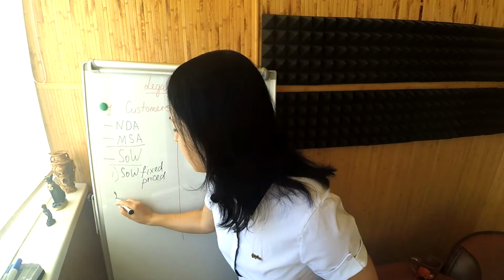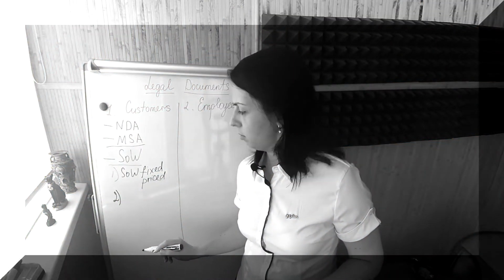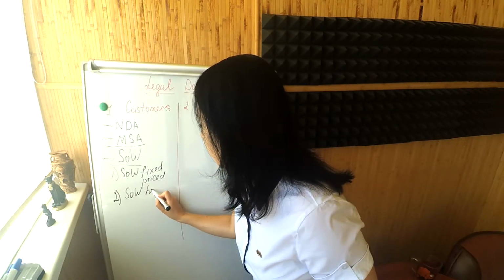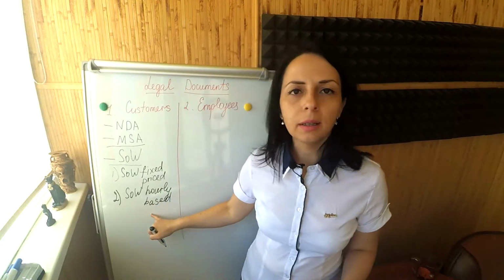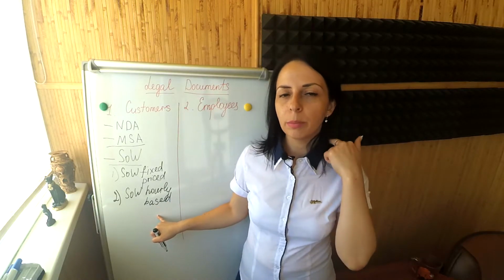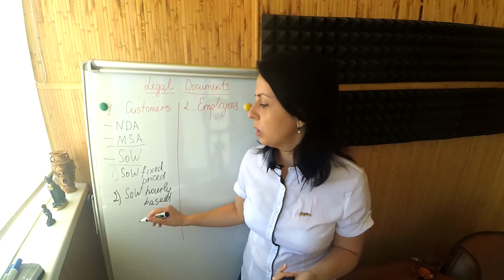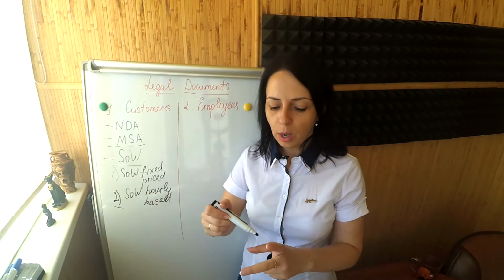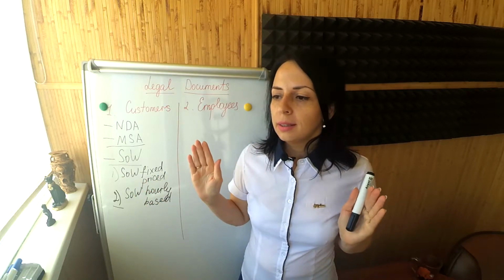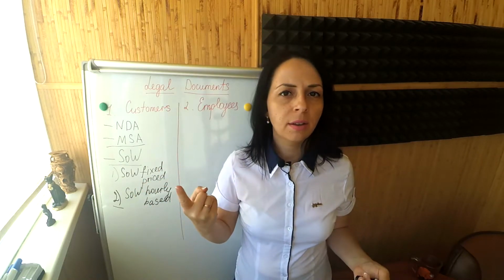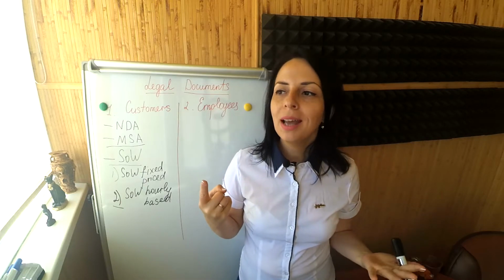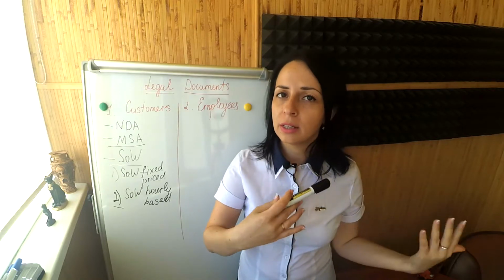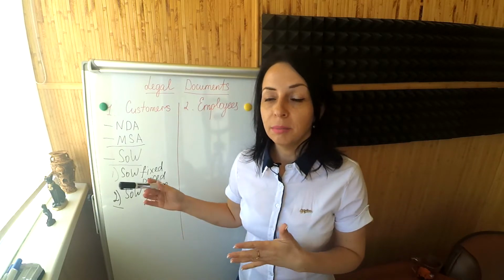So the next type of statement of work, can you see it? It's a statement of work for an hourly based agreement. And this is the most popular way of cooperation with the customer. This is a good one to go with, so I strongly advise you to take this one. In that statement of work, you outline that you, for example, sell the services of one senior software developer, and that senior software developer provides the customer with their services on an hourly basis.